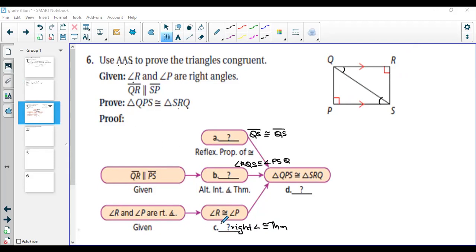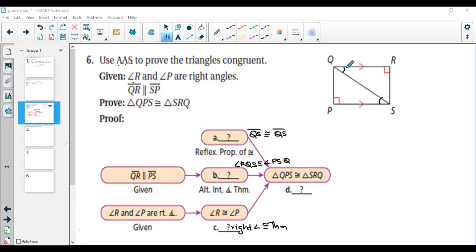In fact, this proof is like a mixture of everything you have studied from the past year, from the beginning of geometry. It's like a whole mixture of processes to prove everything. So triangle QPS is congruent to triangle SRQ by which theorem?